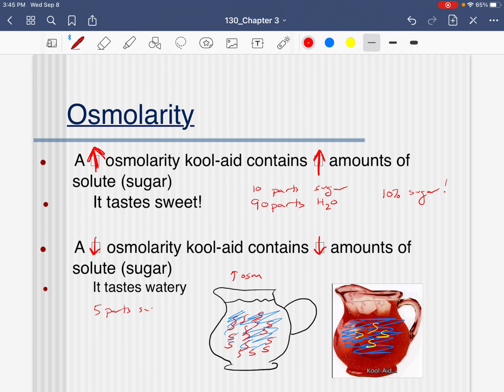Maybe we have only 5 parts sugar, which means the remaining 95 parts is water. So in this solution, it is 5% sugar, and it will taste more watery than the other one. So osmolarity is the concentration of the solute.